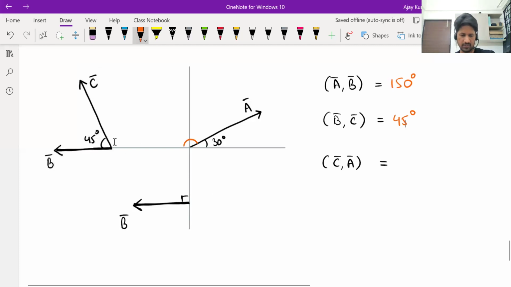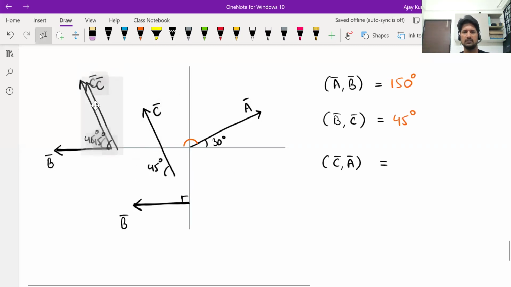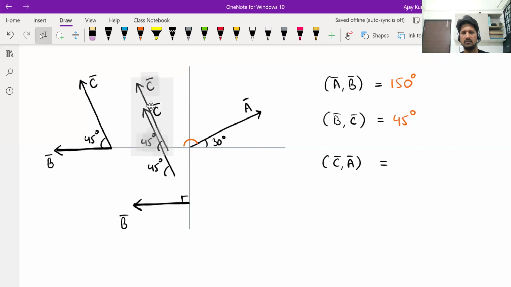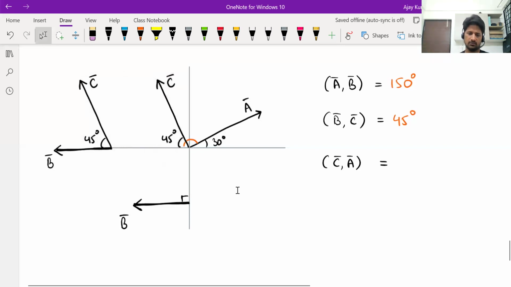That's all. Then between C and A, okay, let's take C to where A is present. So I'll make a replica of C. So what I'm doing is I'm just sliding C to some place such that the tails of A and C coincide. Let me remove that orange one.